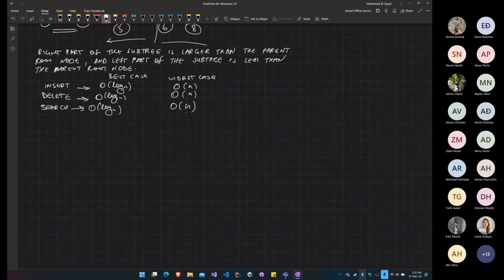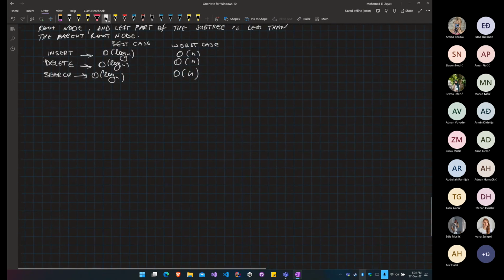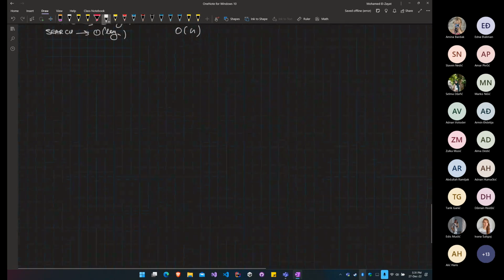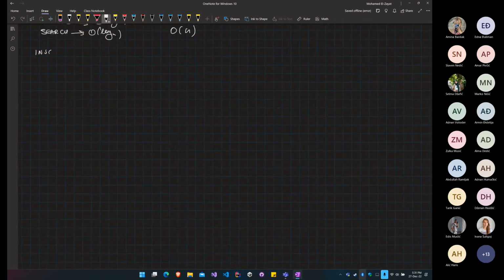Okay? So let's assume you would like to build a binary search tree. So insertion. Let's say I would like to insert something in a BST. Now, what would you do? You say, okay, I will insert 8, for example. The data structure is empty, so here you go.